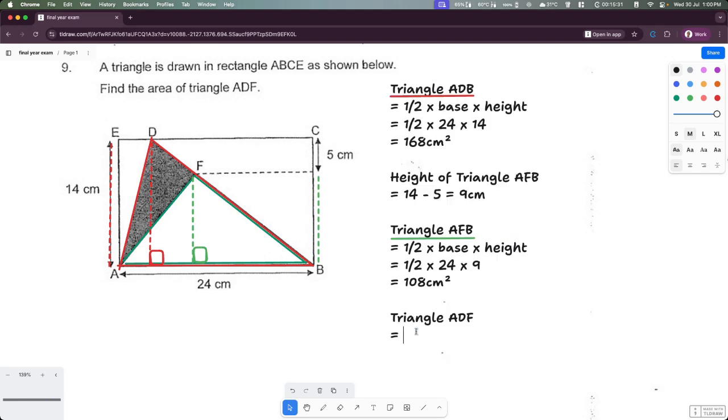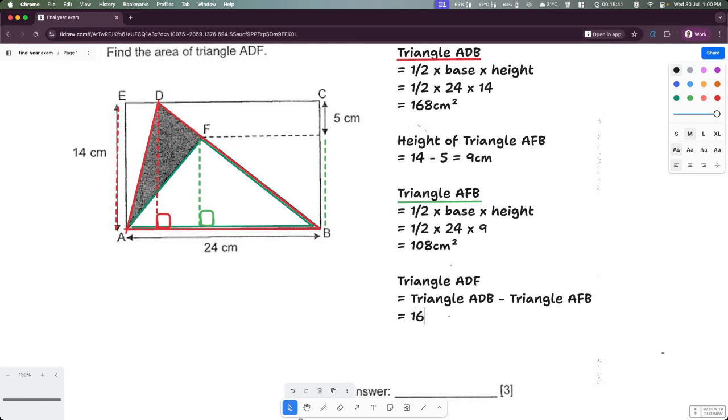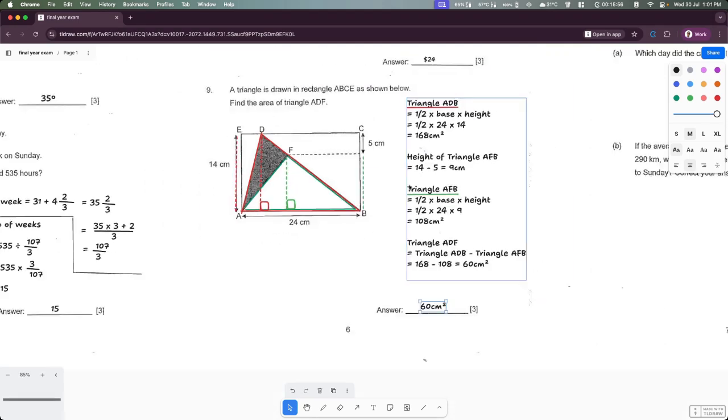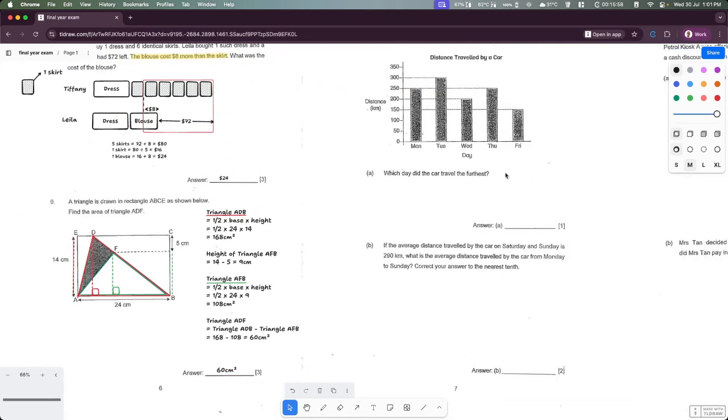So triangle ADF is triangle ADB minus triangle AFB. This is basically 168 minus 108, which gives us 60 centimeter square. So the answer is 60 centimeter square, not in green but in black. Alrighty, let's move on to the next question.